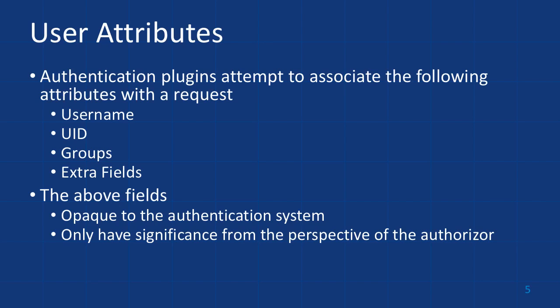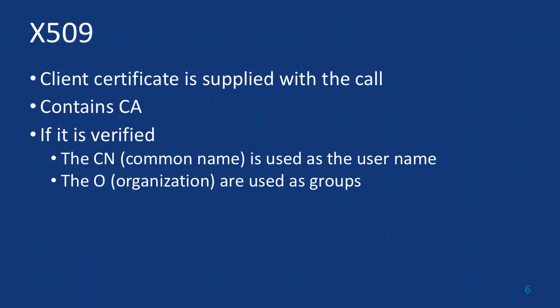Basically, it means that the authentication system doesn't really know anything about those fields. They're just opaque values that only have significance when passed to the authorizer. The authorizer gives them some meaning. You're going to get a username passed to the authorizer, and then the authorizer will determine whether that user has the ability to perform whatever you wanted them to perform.